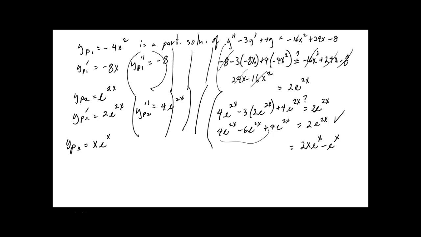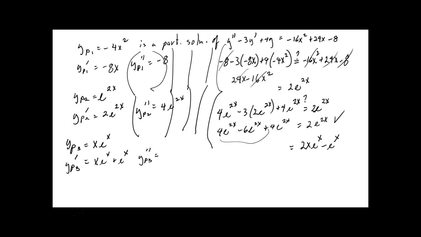All right. What's your y sub p sub 3 prime? Product rule. X times e to the x, that's the first part, plus e to the x is the second part. All right, that one wasn't too bad. Let's now do your y sub p sub 3 double prime, and that's as far as we have to go.